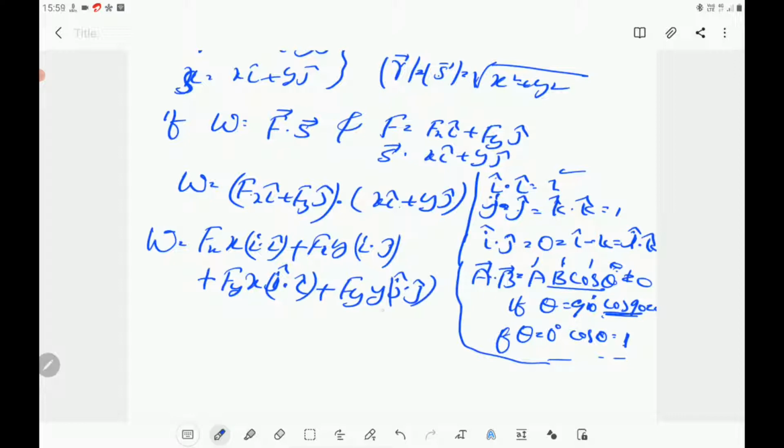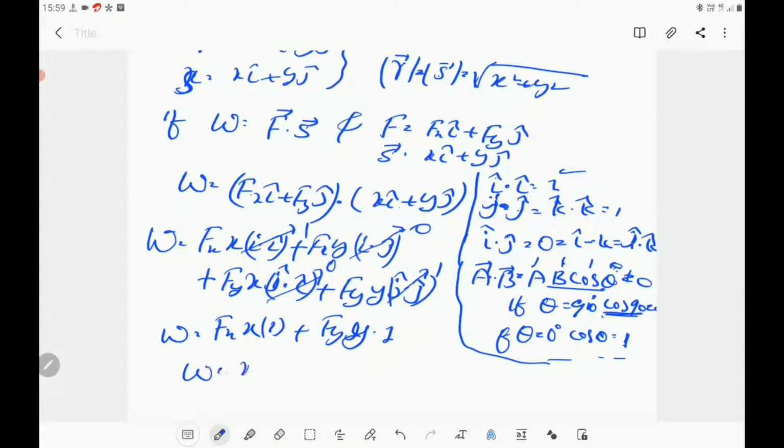Now you have learnt already what is i dot j. i dot j is 0, i dot i is 1, j dot i also 0, but j dot j is 1. That's why you write fx x into 1 plus fy y into 1. The other two terms are 0. So the final value is x fx plus y fy.